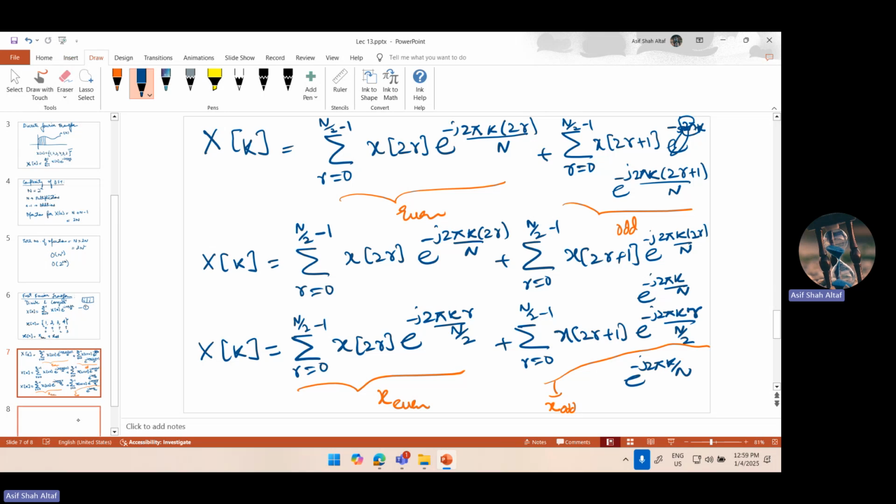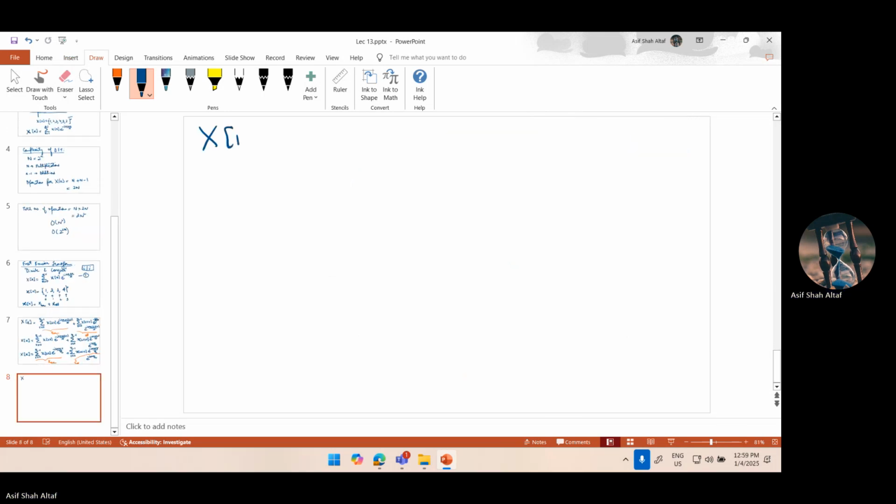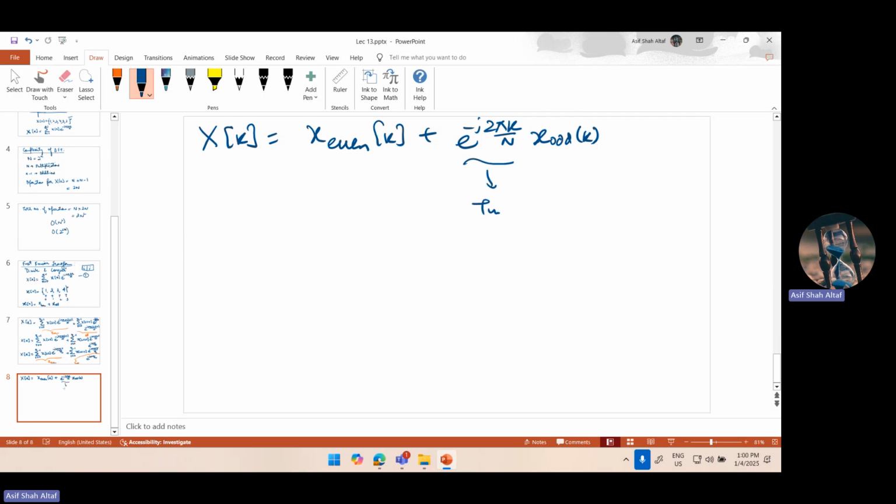Then what we will have is x of k is x even plus e to the power minus 2 pi j by n x odd of k. Now this thing here is what we call the pivotal factor.